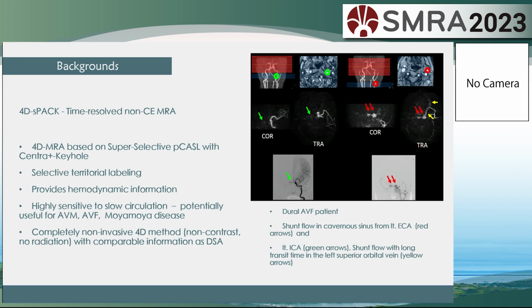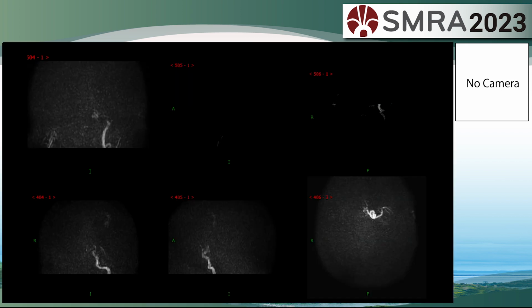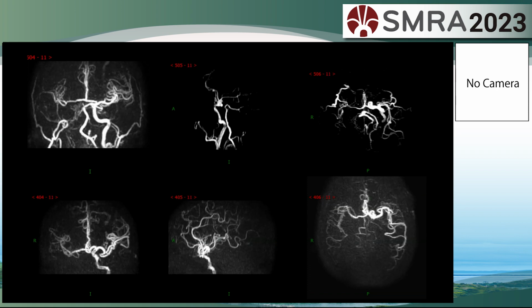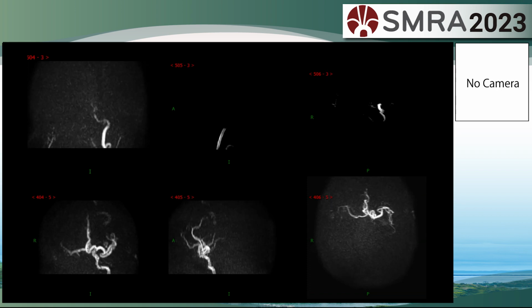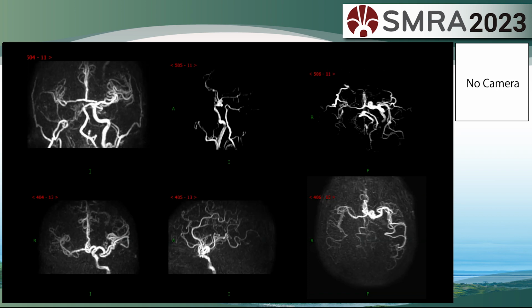Based on super-selective pCASL, 4D SPEC, a completely non-invasive 4D method, can provide hemodynamic information comparable to DSA. This is a case of right ICA occlusion.